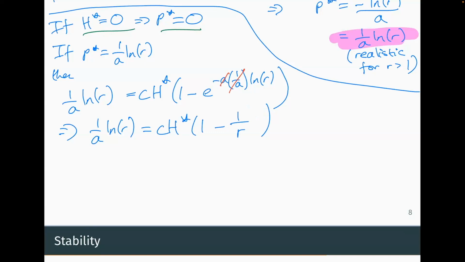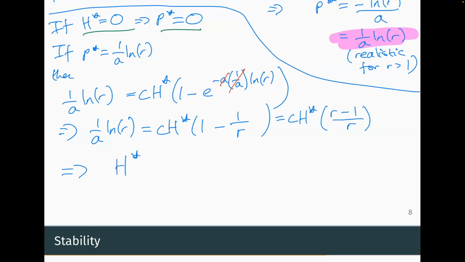Okay, so now we've got everything in terms of parameters. It's still quite messy, but we can rearrange this to get h star on its own. We can write the bit in the brackets as r minus 1 over r. And then divide both sides by c times r minus 1 and times both sides by r. So a little bit of messy algebra, but not too horrendous.